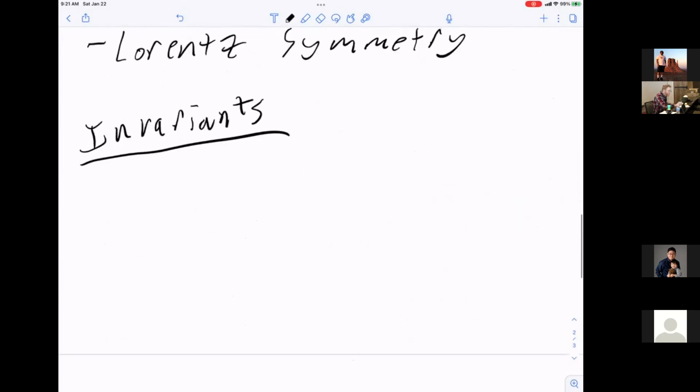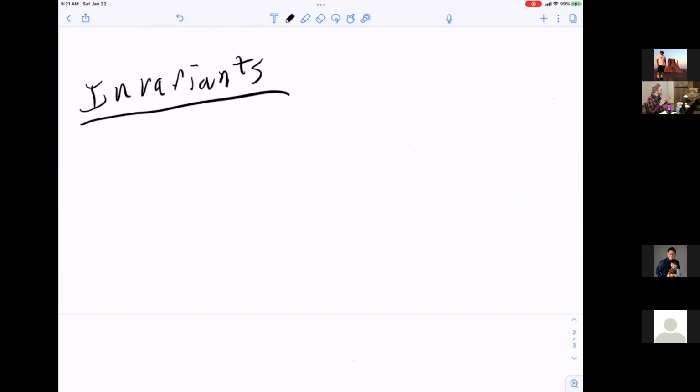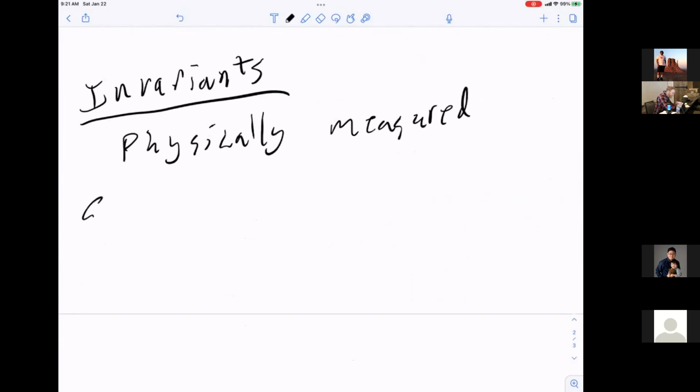So from those degrees of freedom, I need to build invariants. And once I have my invariants, then I will express anything that can be physically measured, and my dynamics, in terms of these invariants.